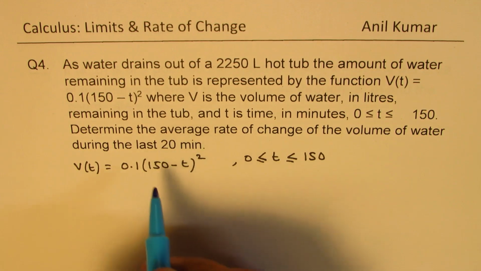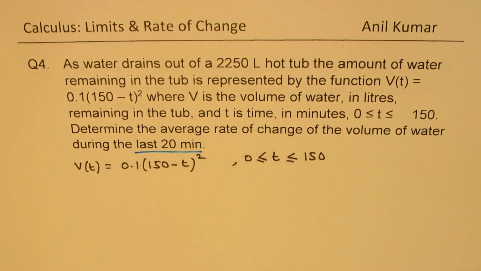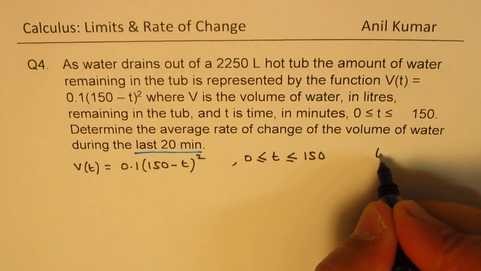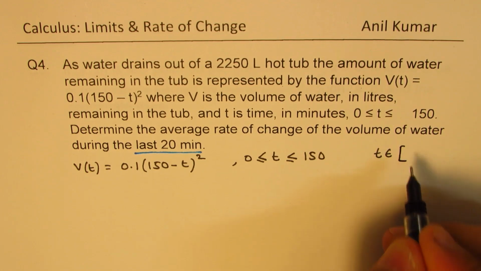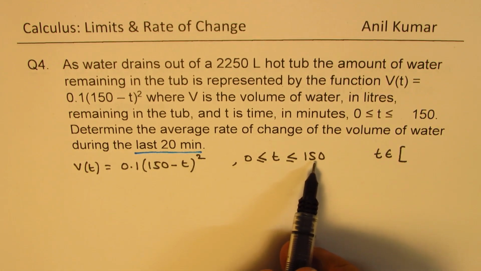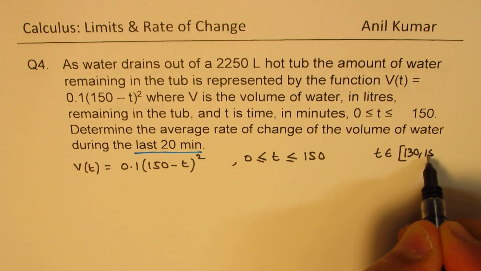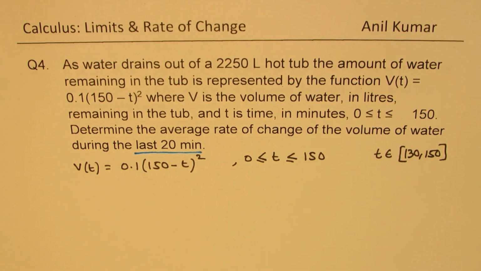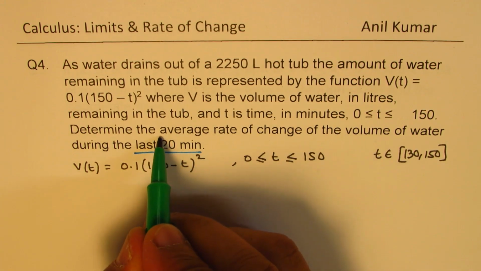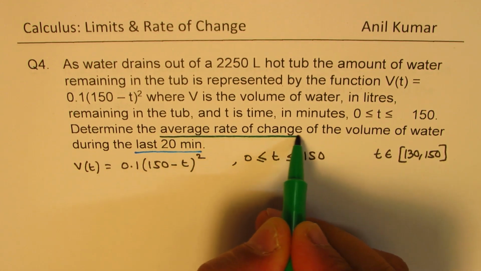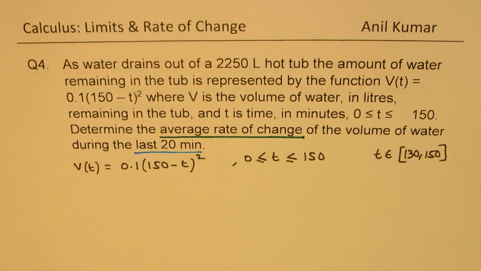Now what does it mean? Last 20 minutes means what? That means we're talking about t, which is from 20 minutes less than 150. That is from 130 to 150. Is that clear to you, right? So that is what we need. So we need the average rate of change. The important thing to understand, second thing, is secant slope, average rate of change, right?